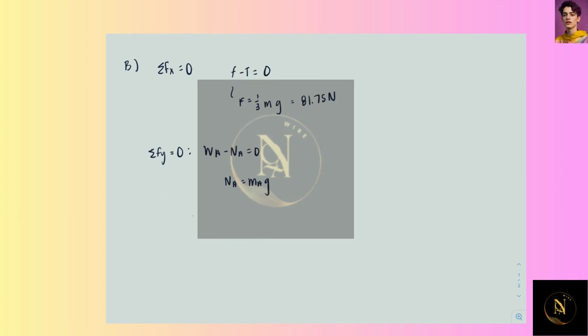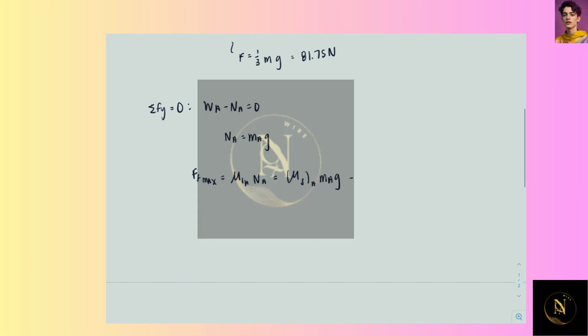We also know that the force of friction max is the coefficient of friction, and in this case it's static for A, times the normal force in A. So plugging in what we just found for the normal force, that will give us the static coefficient of friction for A times the mass of A times g, which will give us a value of 73.575 newtons.